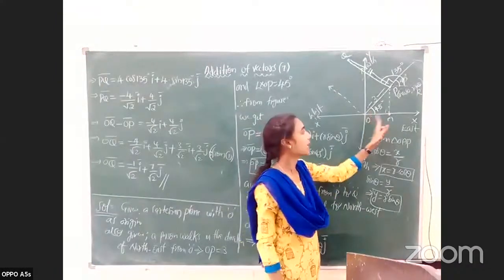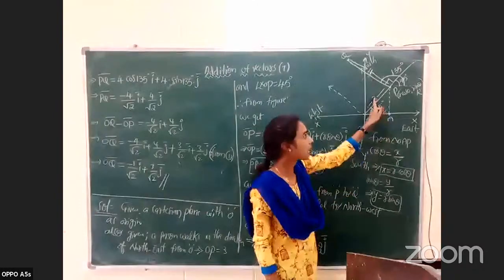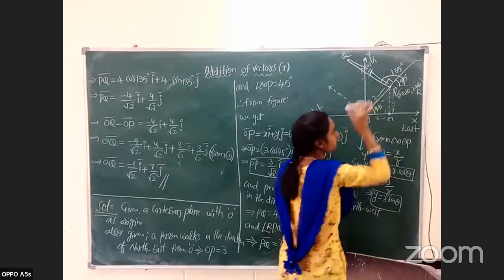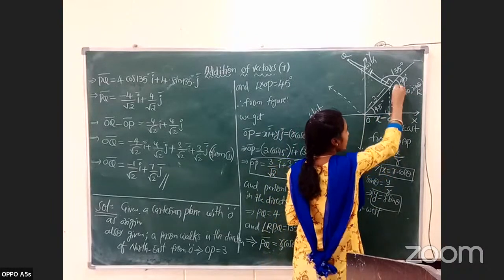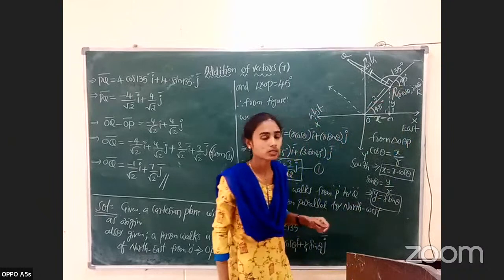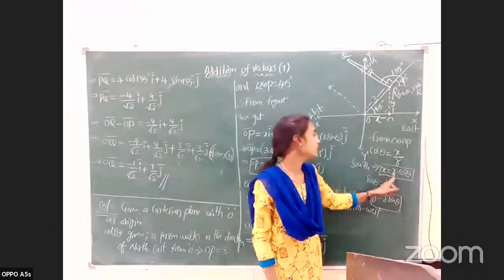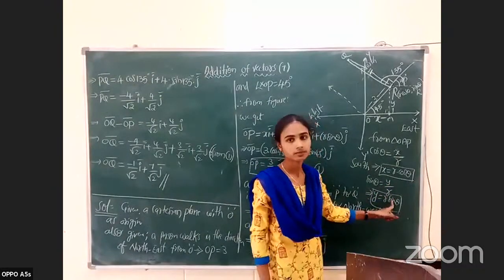Then from the right angle triangle, cos theta is equal to x by r, if this is x and this is y. From this, the value of x is r cos theta, and sin theta is y by r, which implies y is equal to r sin theta.